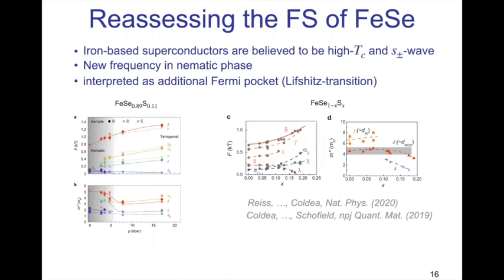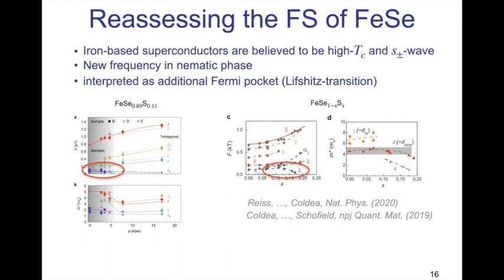Quantum oscillation measurements show that in this nematic phase, you can observe a new quantum oscillation frequency which emerges from the lower end of the spectrum. This is this lambda frequency here, which comes basically from below as soon as you go into the nematic phase.